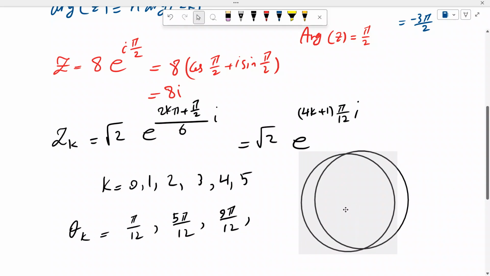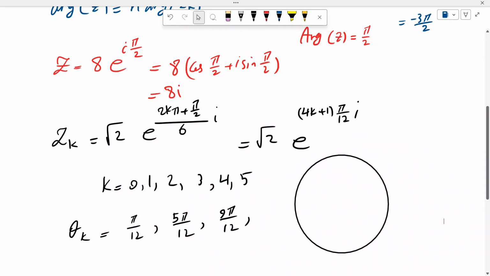Let's say this is a circle of radius root 2. Since I have pi over 12, it means that from 0 to pi should be divided into 12 parts, so each quadrant should be divided into 6 parts. I can divide by 2 first, and then each of these is going to be divided into another 3 parts.